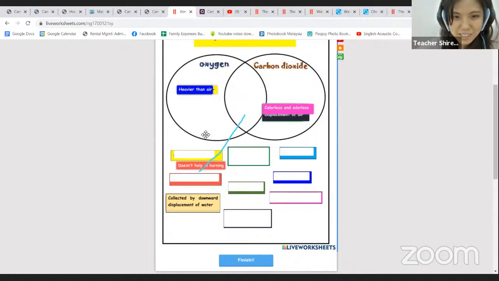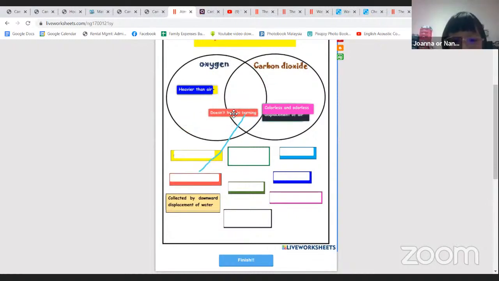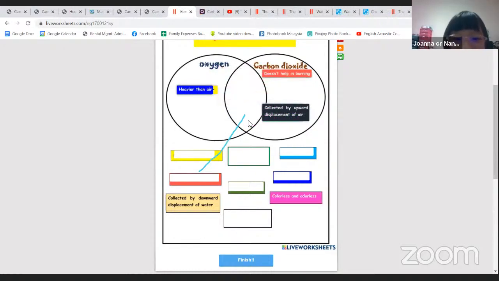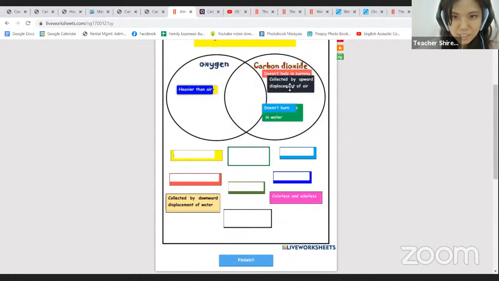Really doesn't smell. Carbon dioxide. Oh, here sticks.